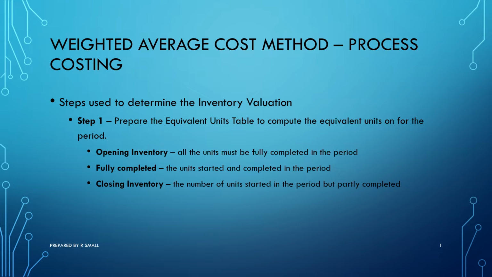You will remember, under FIFO, those fully completed were 100%. So therefore, the opening inventory will also be 100% fully completed. Our closing inventory now, those will be the number of units you start in the period, but obviously they were partially completed.